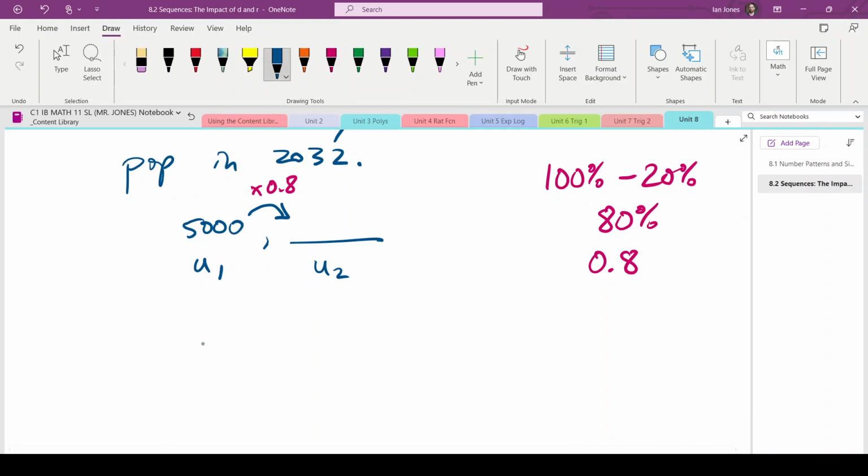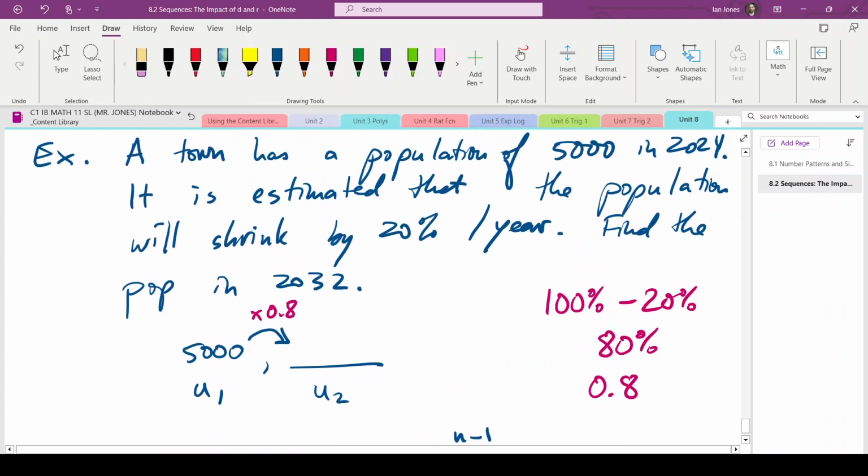All right, great. So I can set this up then. I have the nth term is the initial times 0.8 to the n minus 1. And the only thing here that I have to be careful with is which term number matches which year.